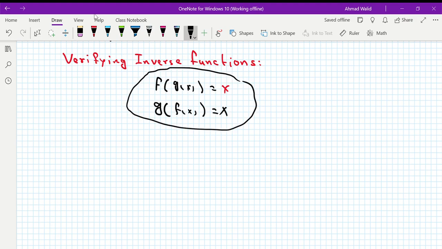And what is this? It's actually the composition of functions, right? In my previous lecture, I explained how to find the composition of two functions, or composite functions. Actually, you do that here, correct?